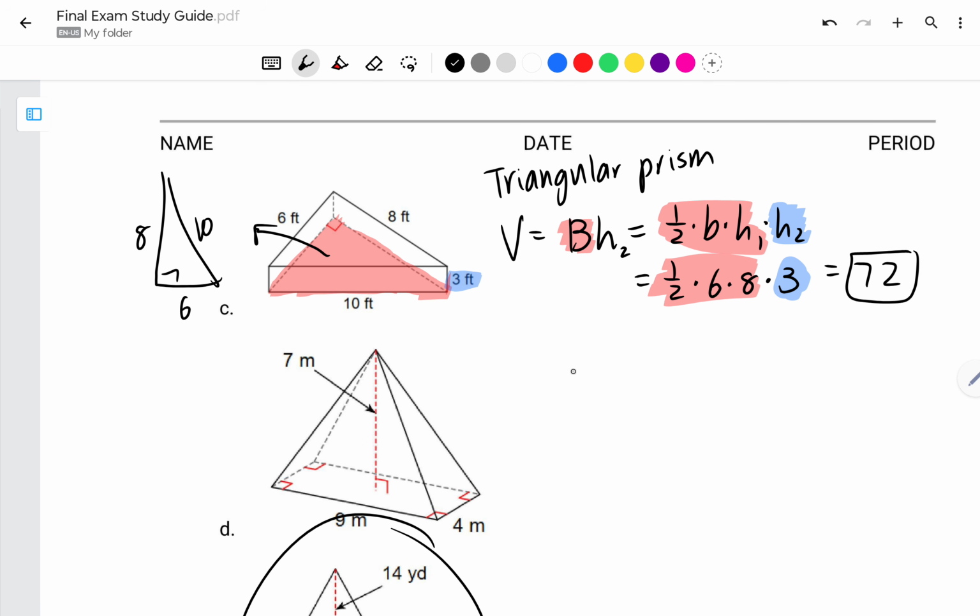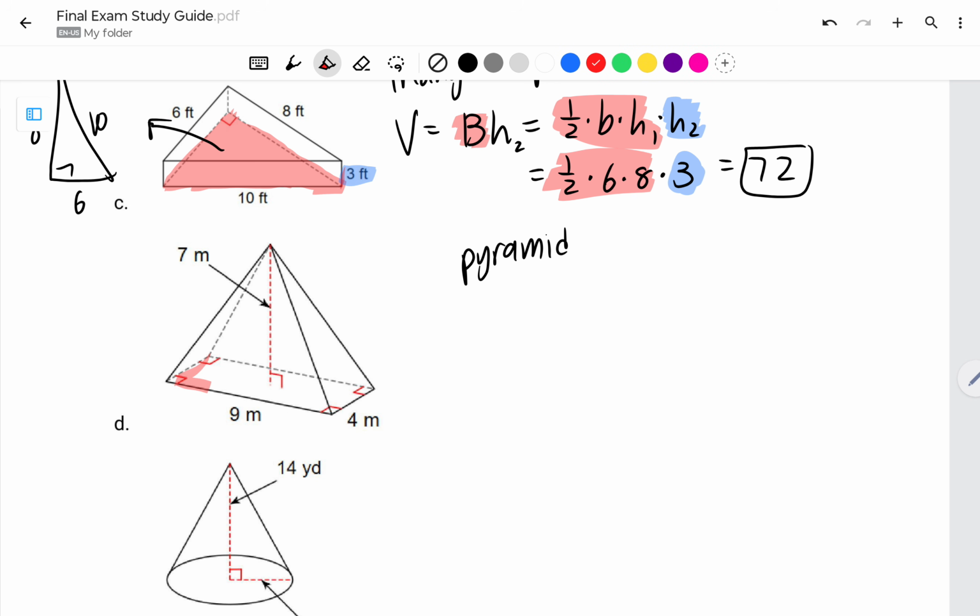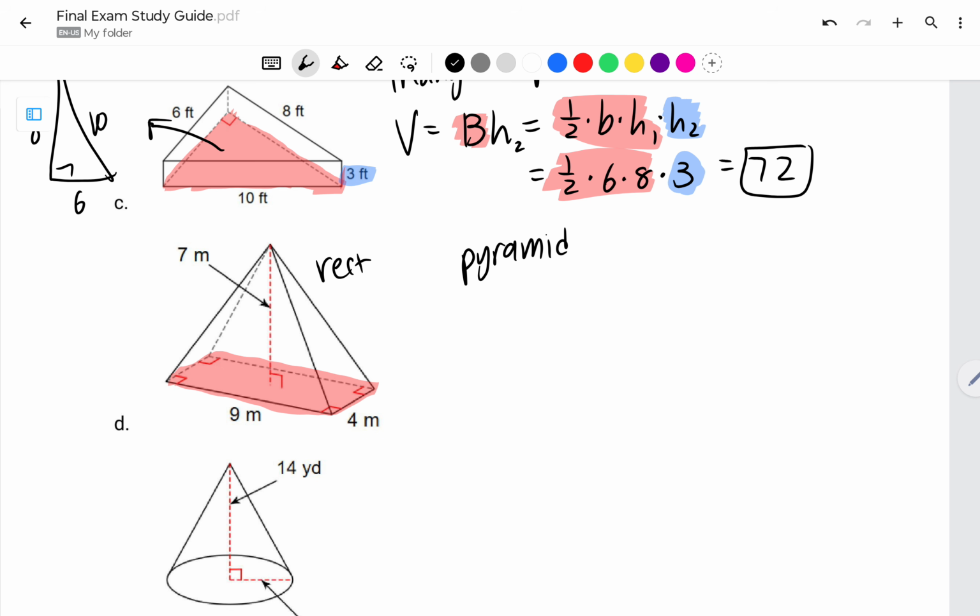This one, it's a pyramid again, but what kind of pyramid? I have a rectangle at the bottom, so it's going to be a rectangular pyramid. Okay. So pyramid again is 1 over 3 capital BH.